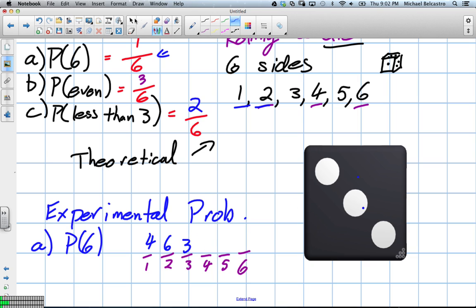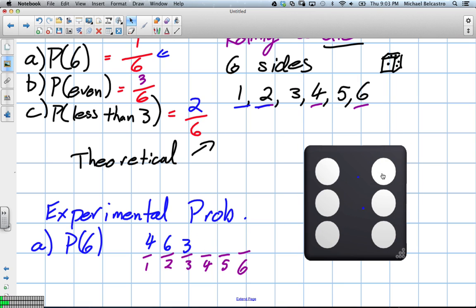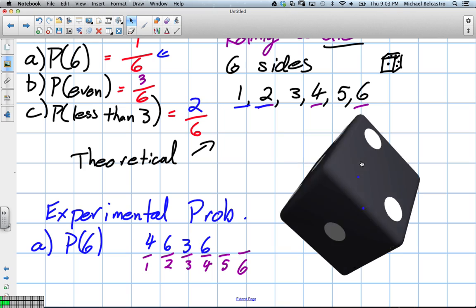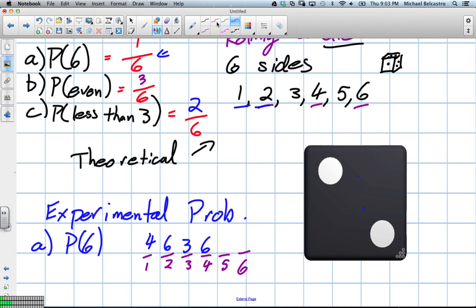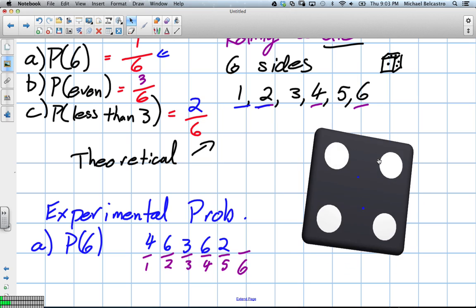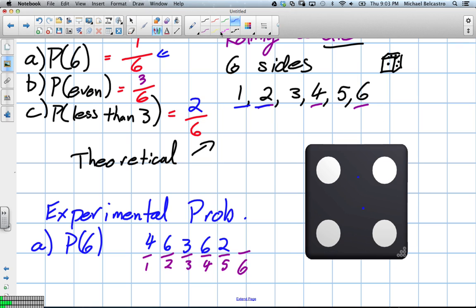Roll it again: 6, 6 again. Roll it again: 2. And we roll it again: 4.